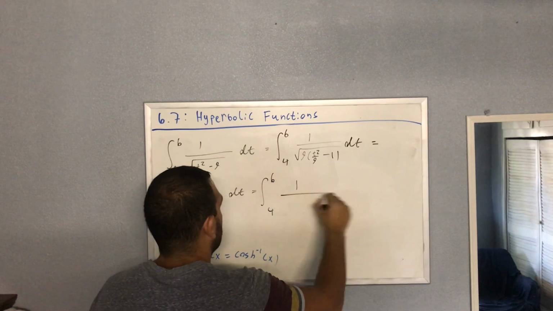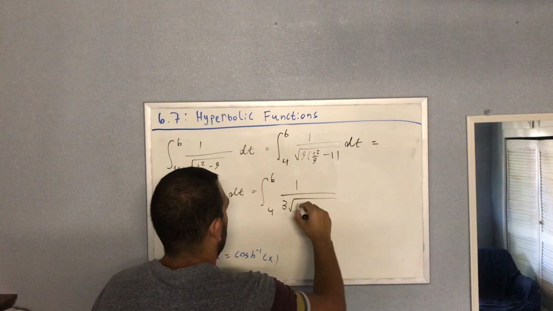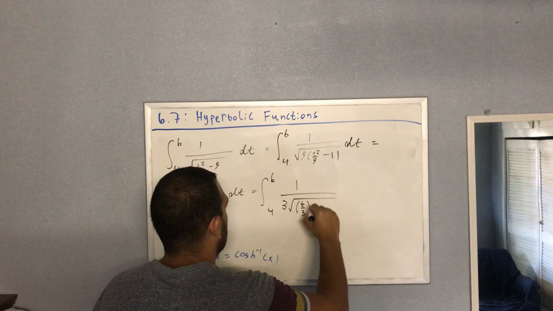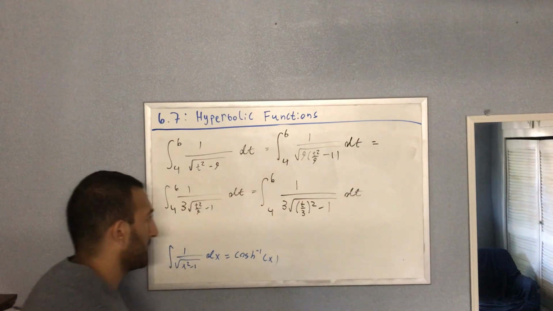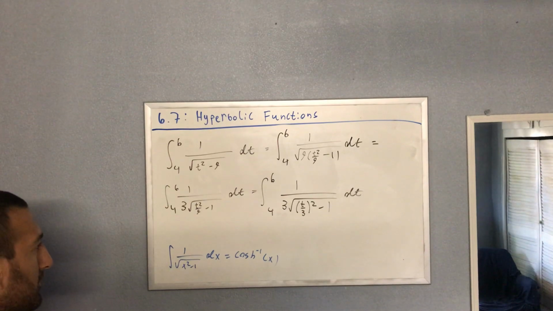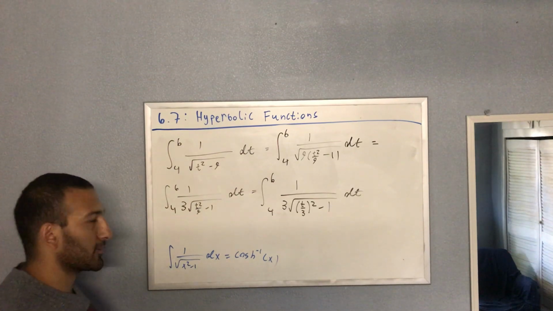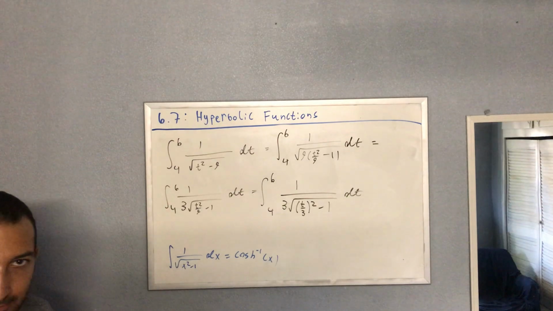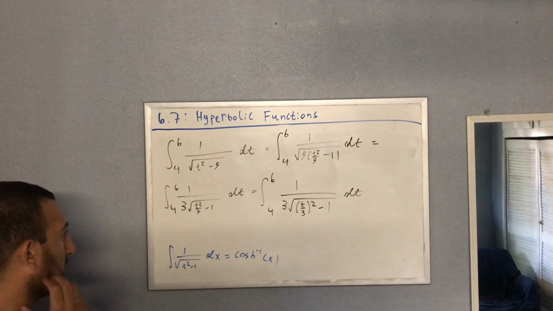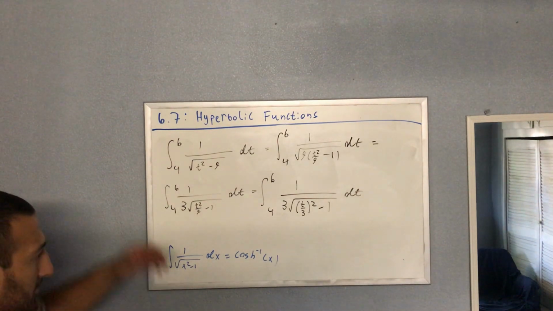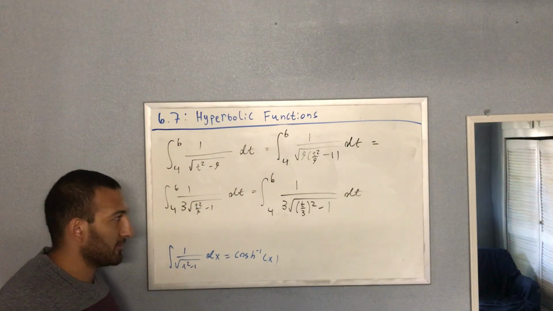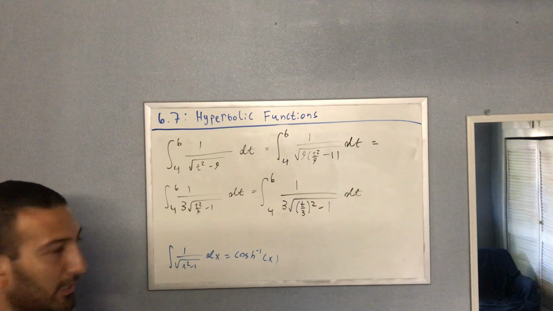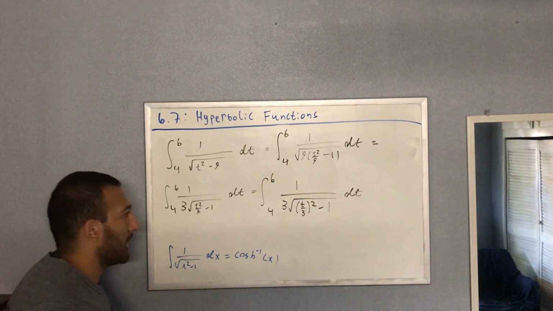You can think about this as t over 3 squared. So it is something squared. We're getting close.